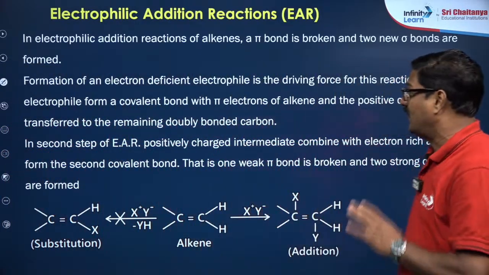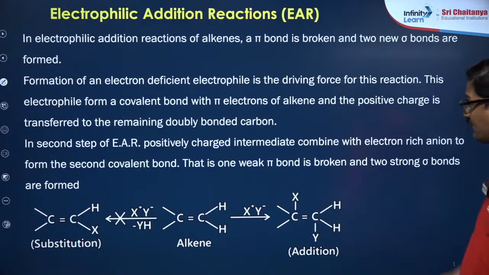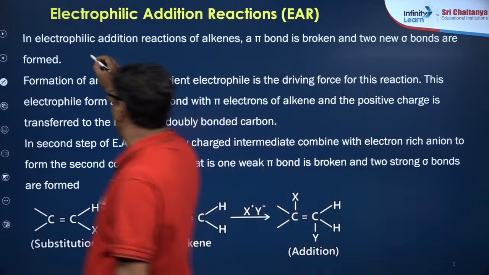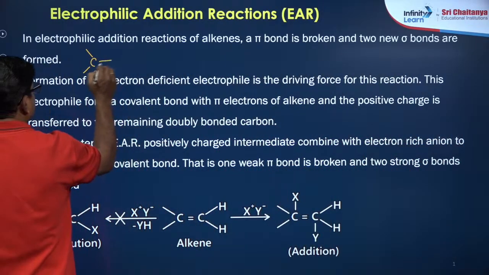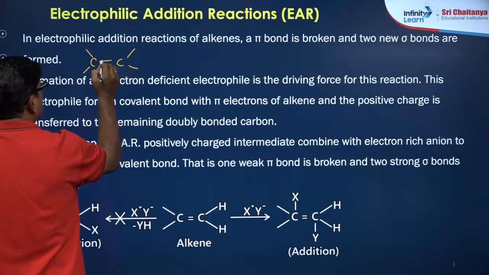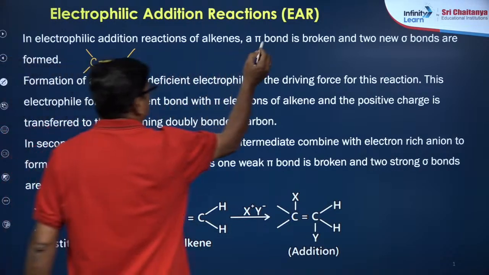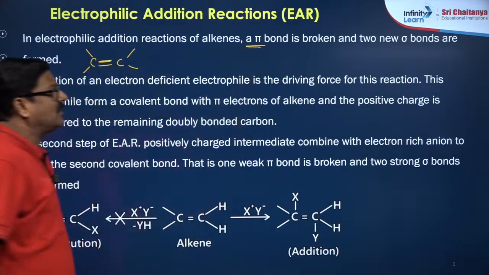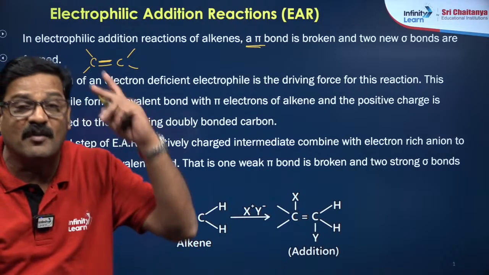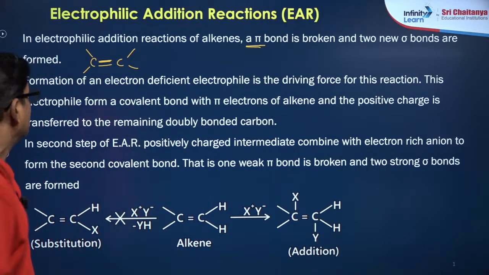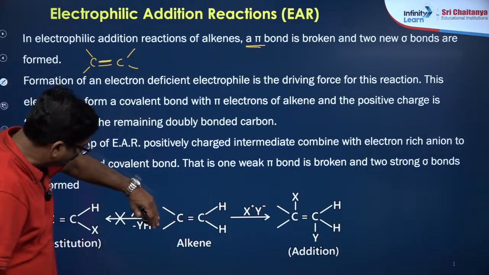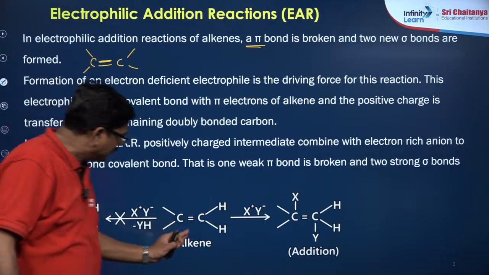In the electrophilic addition reactions of alkene, alkene में जो है pi bond है, this is the pi bond, है ना? This is the pi bond. This pi bond is broken and two new sigma bonds are established. So what I mean to say, you don't look at this. Look at this.